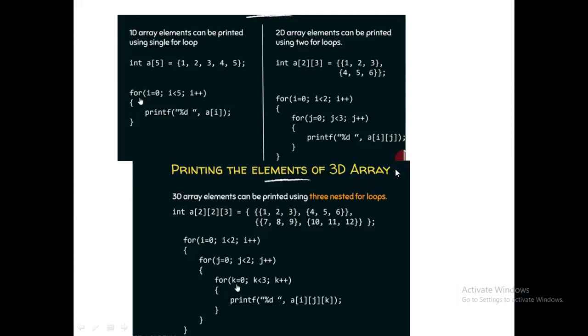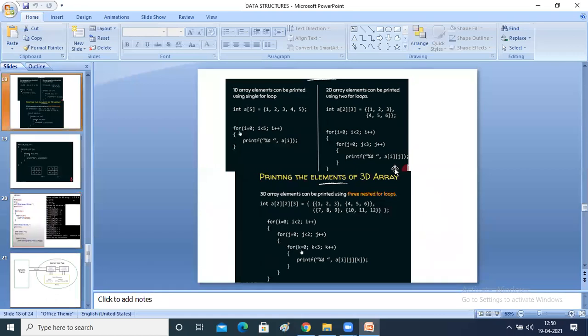So up to this one, the concept of strings and the concept of 3-dimensional array, multi-dimensional array, we have discussed. So why I discussed all these things is these initial parts will be useful to understand the second chapter or third chapter or fourth chapter. So previously we took the second chapter, that is the concept of stacks.